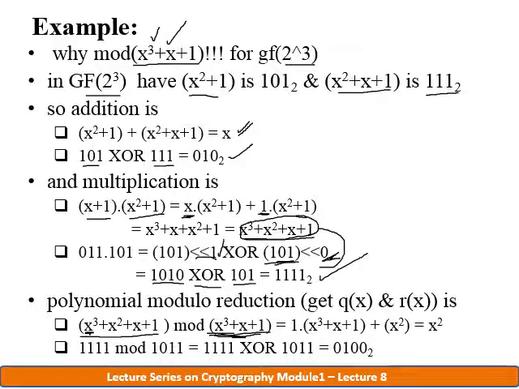My irreducible polynomial is x cube plus x plus 1 equal to 0.